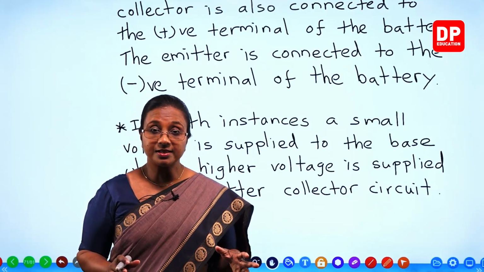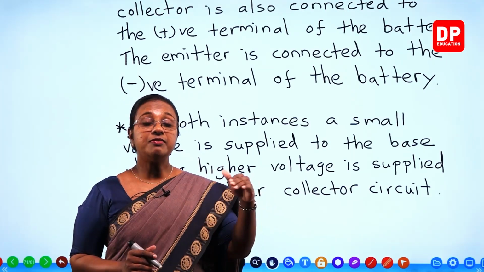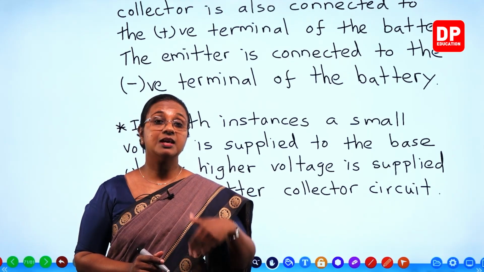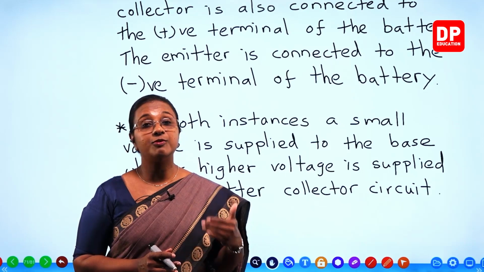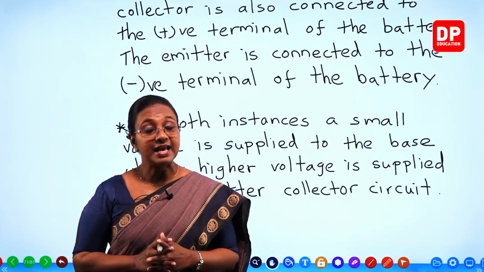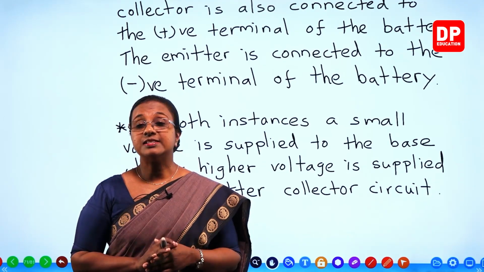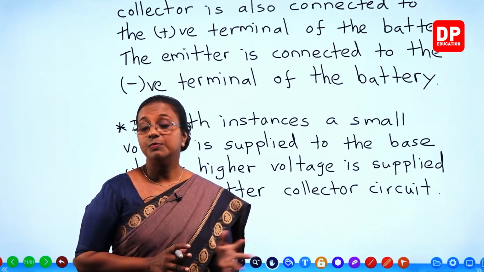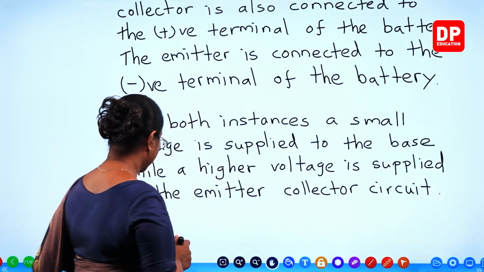You all know the reason. A small amount of charge carriers flow through the base, but depending on that current, there will be a higher current flowing through the collector-emitter circuit. Is that clear? So that is how we forward bias a transistor. With that, students, I will move on to the next slide.